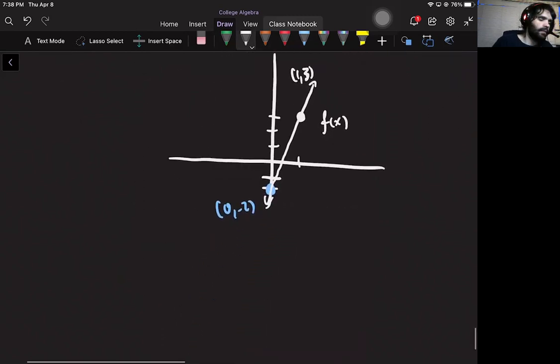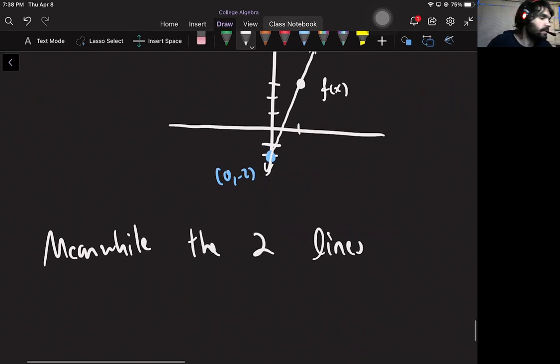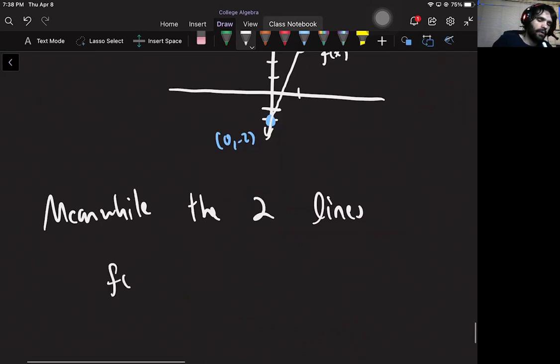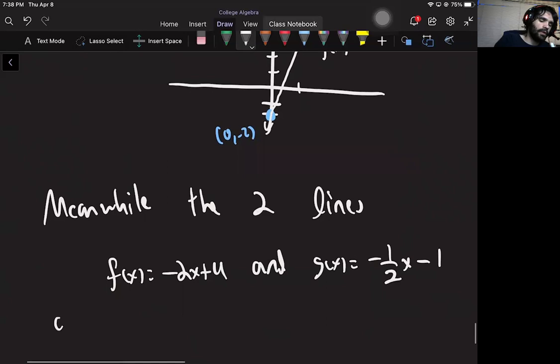Okay, instead, let's think about the opposite notion of parallel, which is called perpendicular. So the two lines, f of x equals negative 2x plus 4, and g of x equals negative 1/2 x minus 1, are called perpendicular.